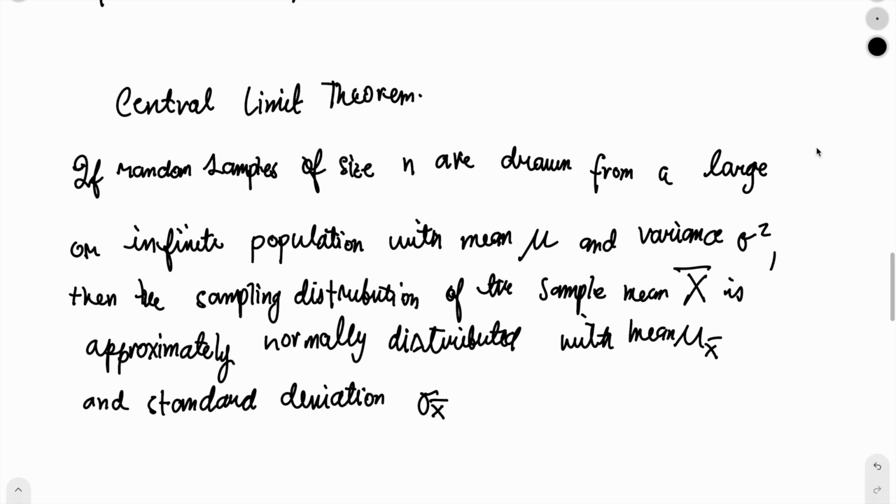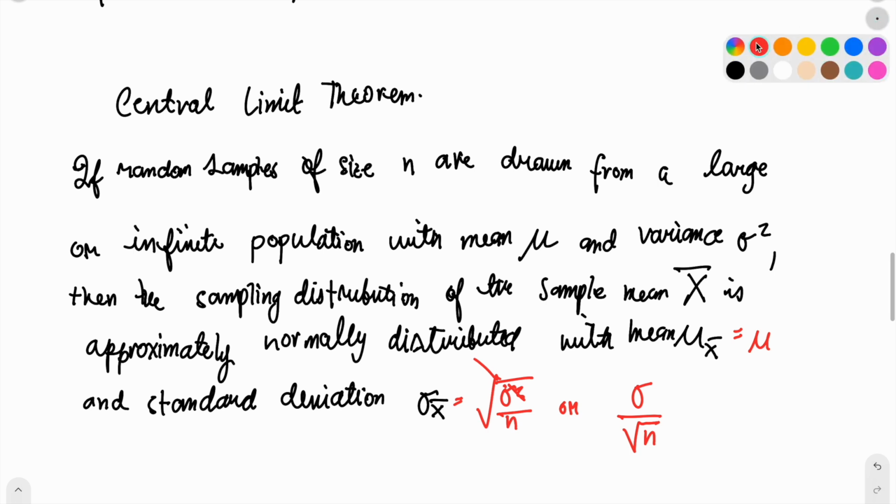where you should note that the mean here is just mu and the standard deviation here is what? Square root of sigma squared over n, or sigma over square root of n. Okay, you cancel this. Then I'll continue the theorem.